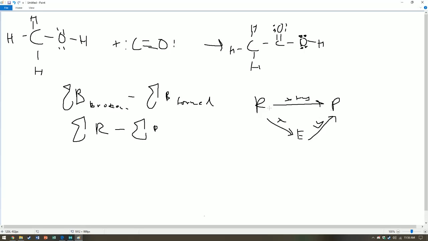Similarly with bond enthalpies, you're breaking all these bonds, so reactant to elements, that's bond breaking, and then that's bond forming. So that's why we work it the way we do.